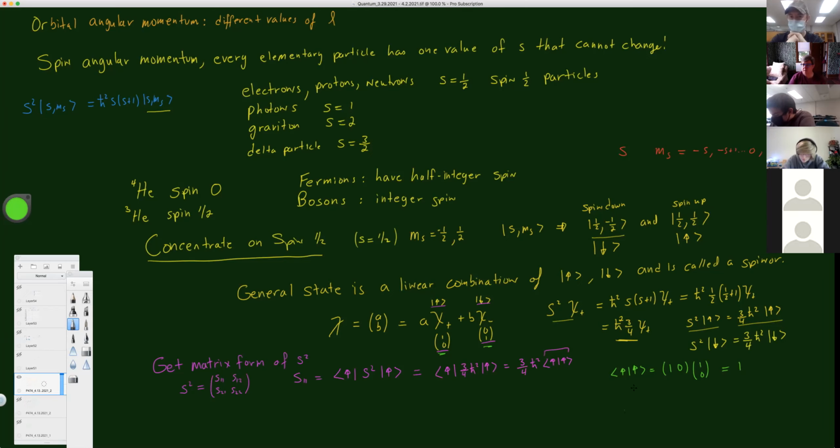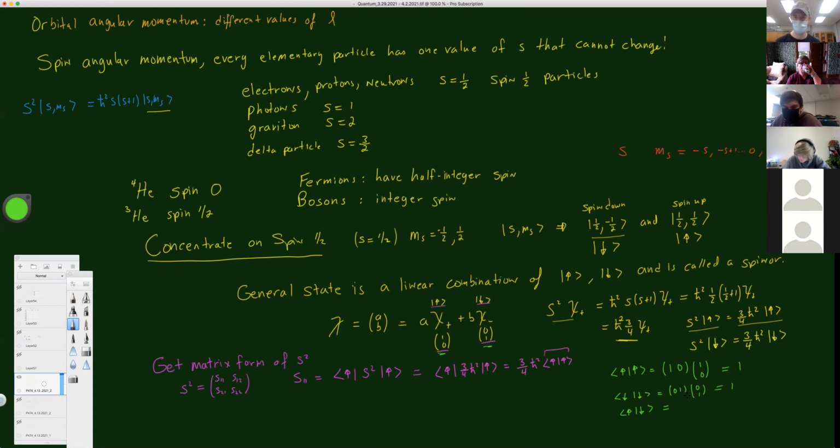Similar thing's going to happen with the down: row vector 0, 1 with column vector 0, 1, which gives you 1. What happens when I do up inner product with down?